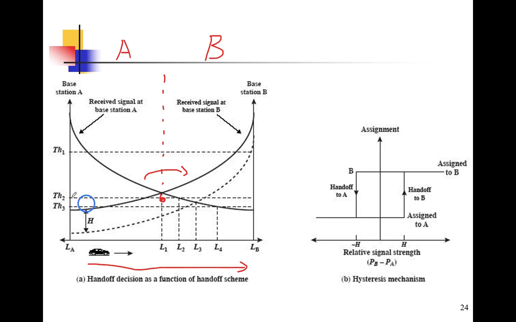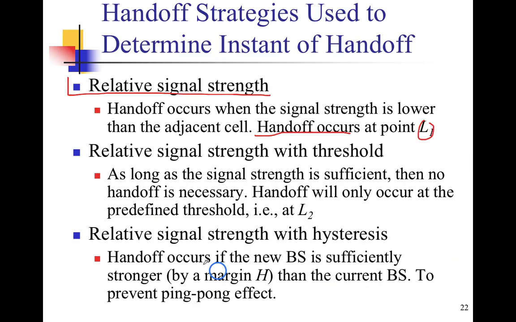As long as it is not beyond this threshold, even over here no handoff occurs. When the car reaches over here, still no handoff because it is still under the threshold. But when it is beyond the threshold, then they will do the handoff. So that is relative signal strength with the threshold.